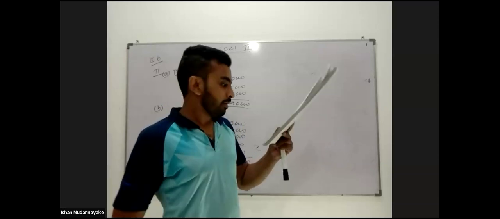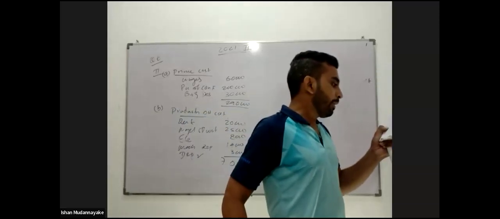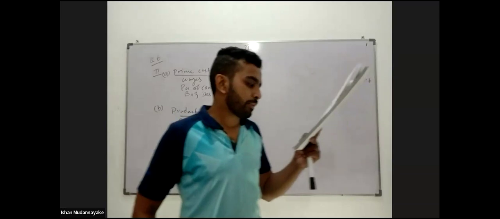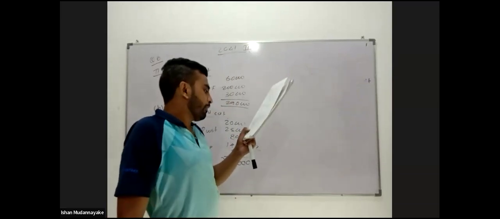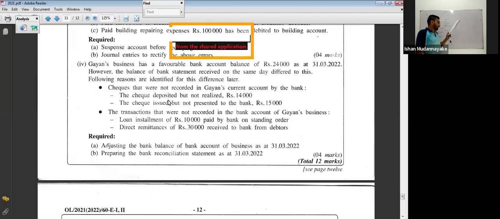Gayan business has a favorable bank balance of 24,000 as of 31st March 2022. However, the balance on the bank statement received on the same day differed from this. The following reasons are identified for this difference later. Adjusted bank account and bank reconciliation.